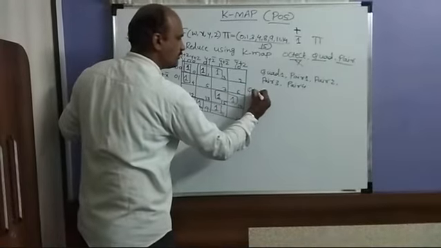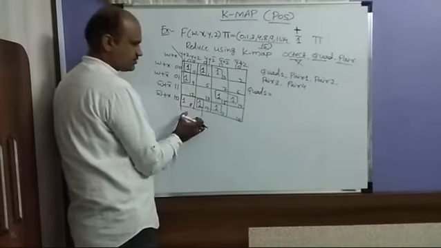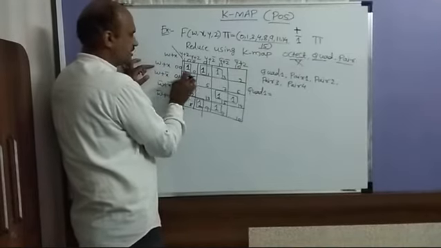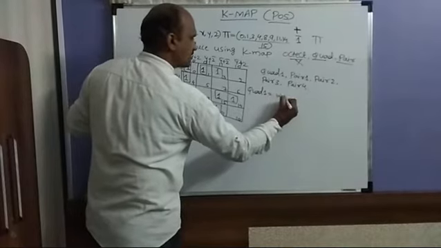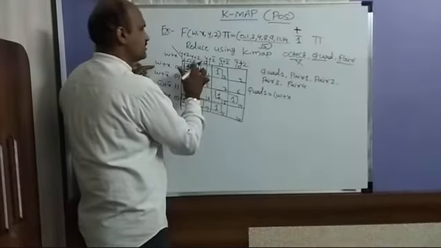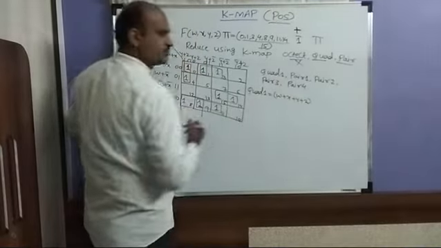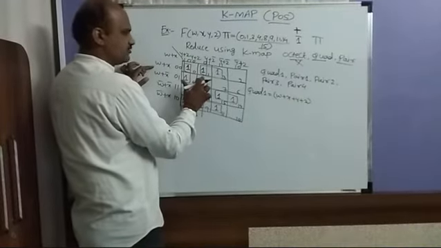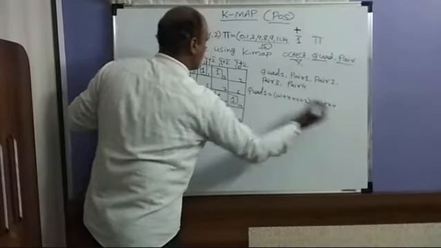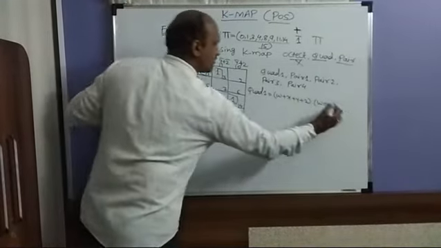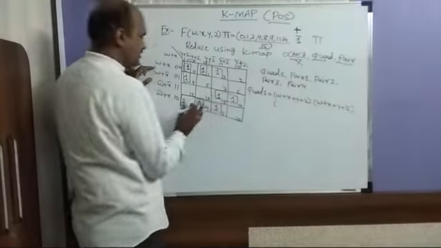Now we will go for reducing the expression. Quad 1, when you take the quad 1, that is these two and these two. So go for this one, that is w plus x for this, w plus x, and for this y plus z into. Next for this one, w plus x plus for this y plus z. These two and again these two.